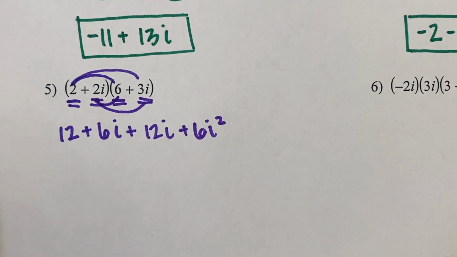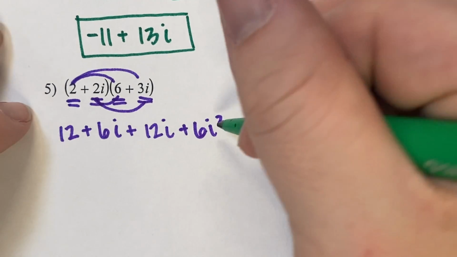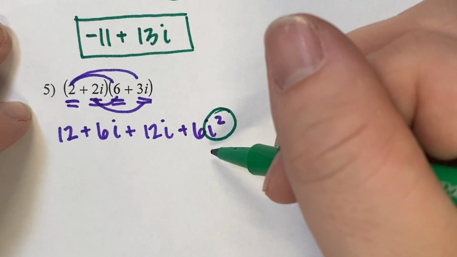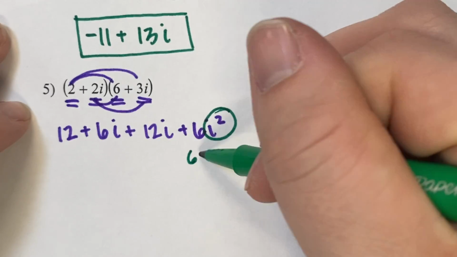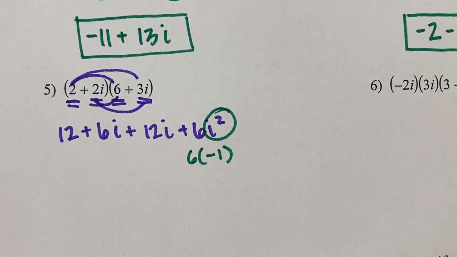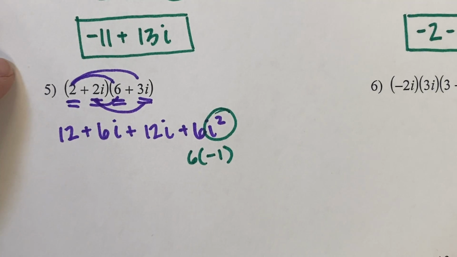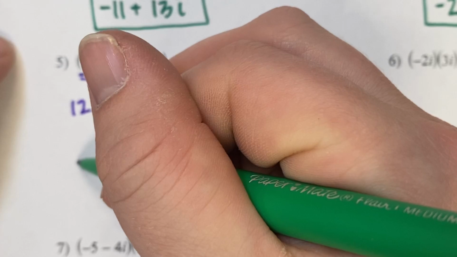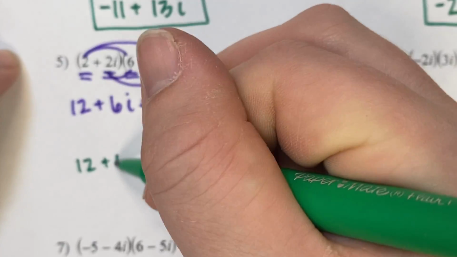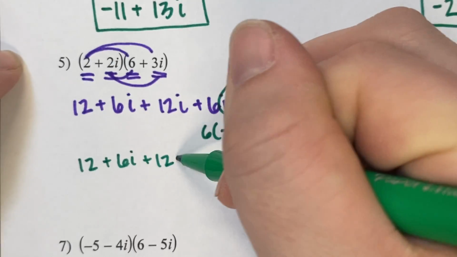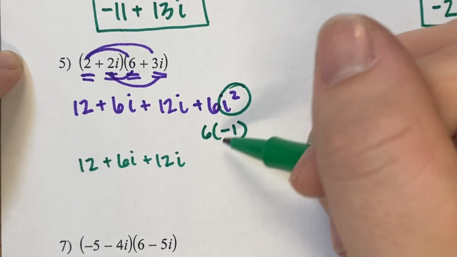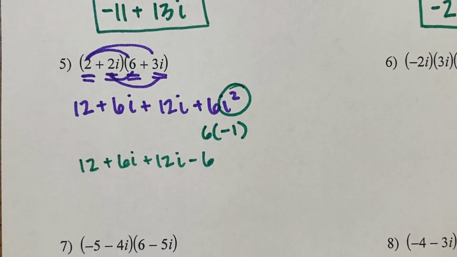Okay, so remember our important rule. This i squared turns into negative 1. So this is actually 6 times negative 1 at the end. Okay, so this turns into 12 plus 6i plus 12i. 6 times negative 1 is minus 6.